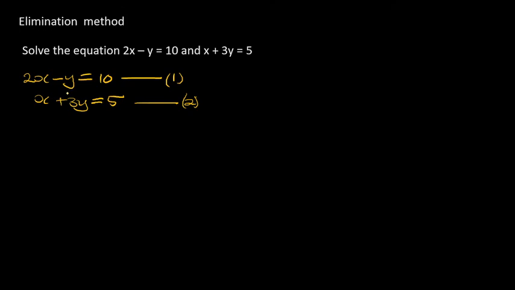We need to look for a number to multiply so that the value will be the same as this in equation 2. Looking at the coefficient of y here is 3 and this place is -1, so we need to multiply equation 1 by 3 so we can get the same y as in equation 2.